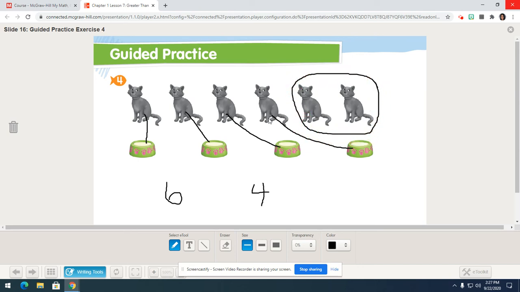Good. We have more kittens than we do bowls. That tells me that 6 is greater than 4, or the cats are greater than the bowls. So echo me. The cats are greater than the bowls.